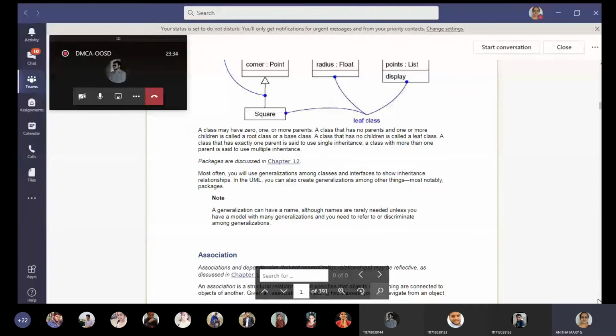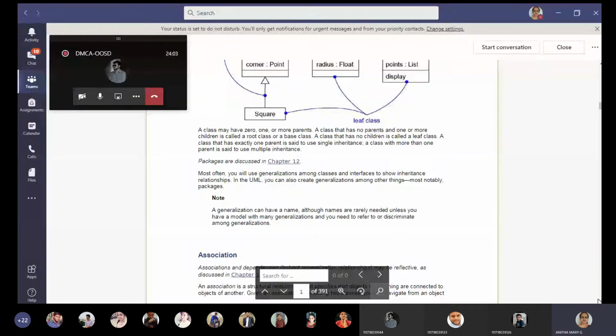A few more things under generalization. I can say generalization is an "is a kind of" relationship. A few more things you can make a note of. A class may have 0 or 1 or more parents. It may not have a parent, it may have one parent, it may have more parents.